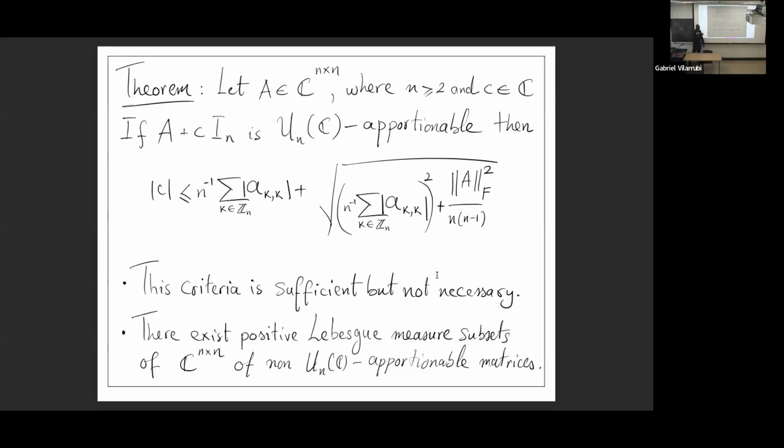It's not very difficult, it's not particularly beautiful, but unfortunately, although being sufficient, it is not necessary. There are non-apportionable matrices that do not meet this condition. But the beauty of this result is that it already shows us that there is a subset of matrices in the complex plane of positive measure that are not apportionable.